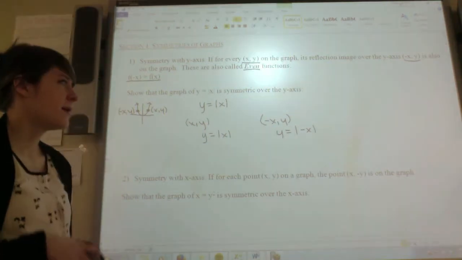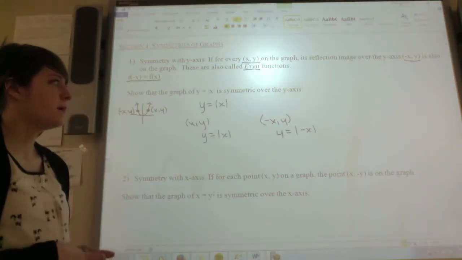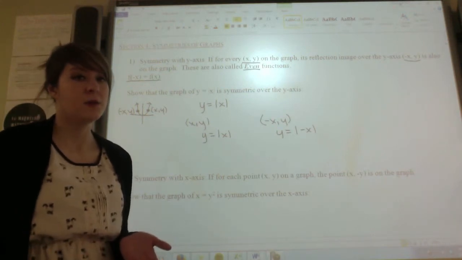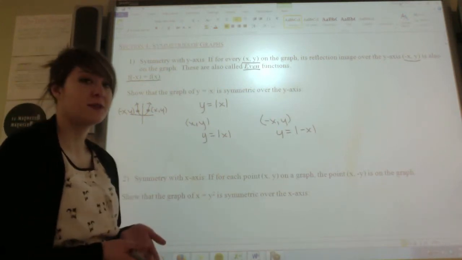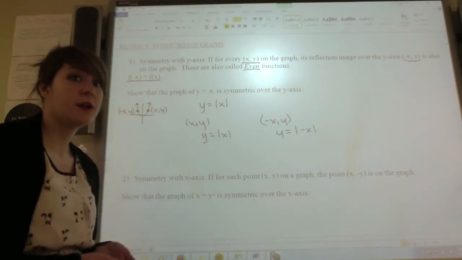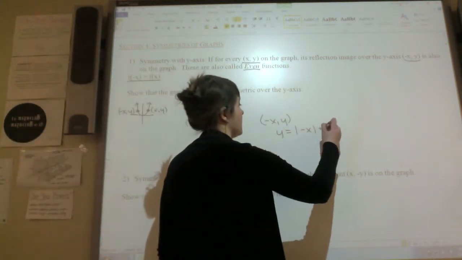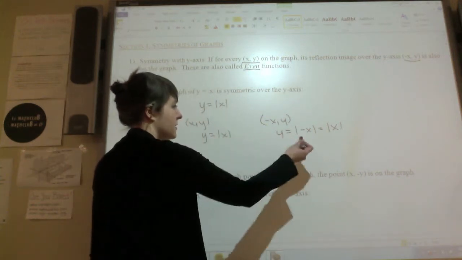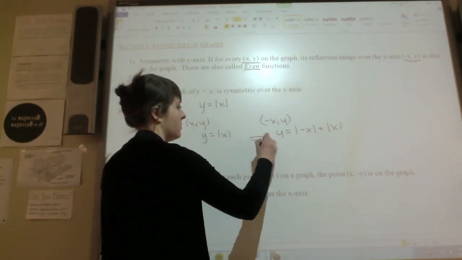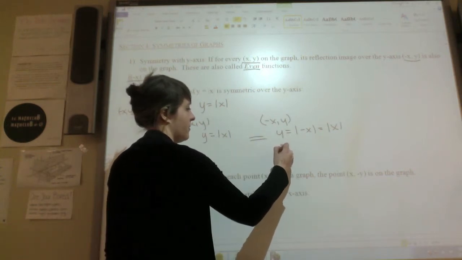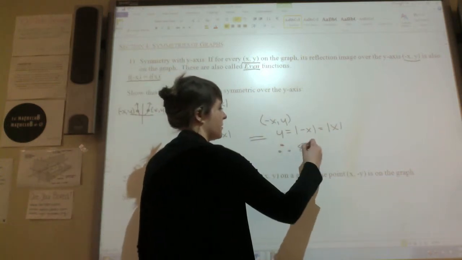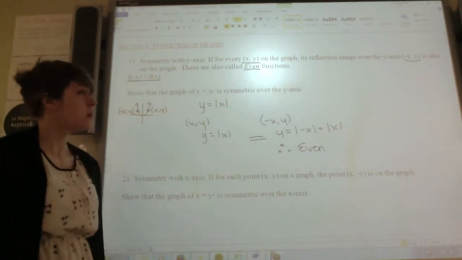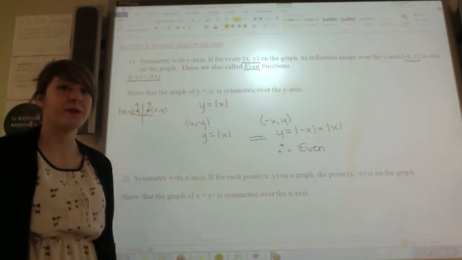So, thinking about that, the absolute value of negative x is actually just the same thing as the absolute value of x, because when I take the absolute value, what I'm doing is getting rid of that negative. So this is actually just the absolute value of x. So now that I've shown that these 2 things are equal, I can prove that this is an even function. Okay? So basically you're just going to do proofs for all of these.